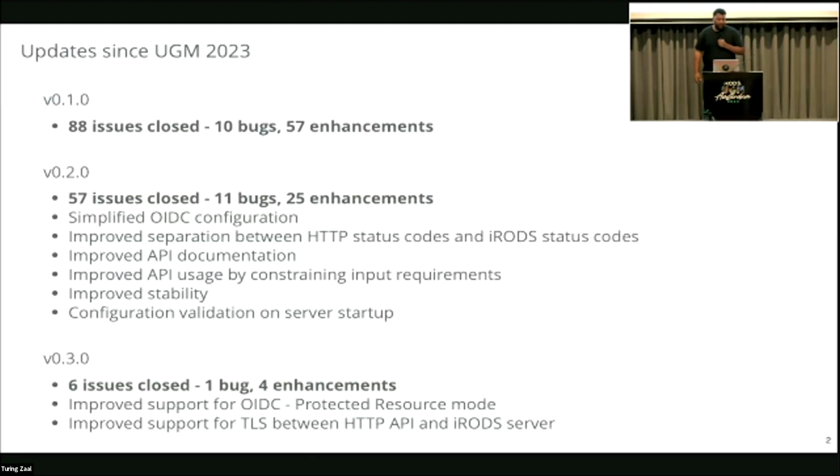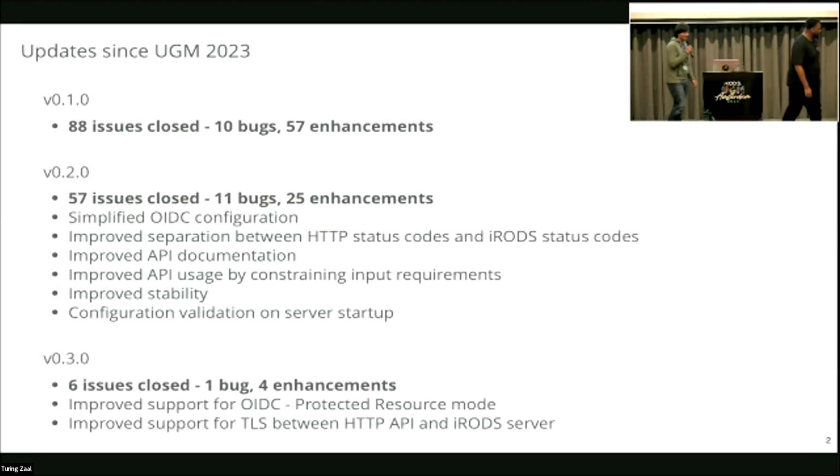In this release, we added protected resource mode, which Martin is going to discuss next. And we put a little bit of effort into improving support for TLS between HTTP API and the iRODS server. So with that, I'm now going to hand the mic to Martin, and he's going to talk to you about all the nice things that he's done with the HTTP API.